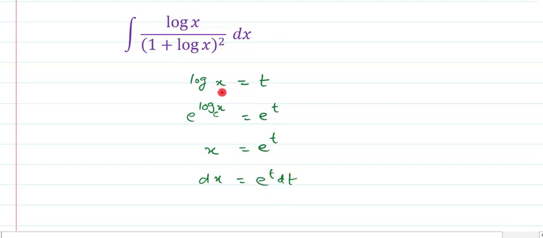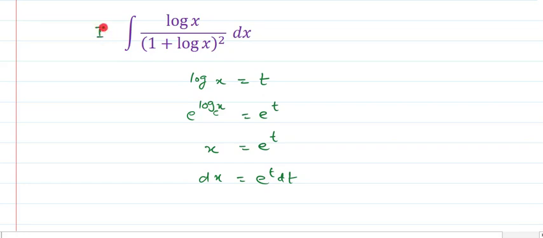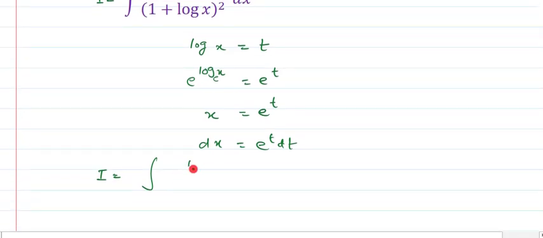So have you observed the change? Instead of calculating 1 upon x dx is equal to dt, we are taking e power on both sides and then we are calculating dx. Now let us substitute these values over here and let me name this integrand as I. So I turns to the integration of t upon (1 plus t) whole square into e power t dt in place of dx.